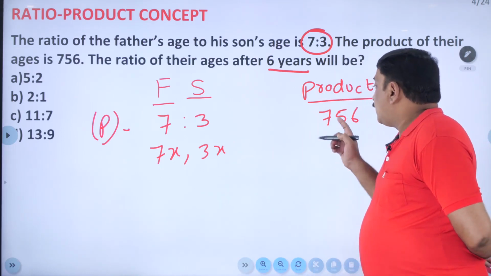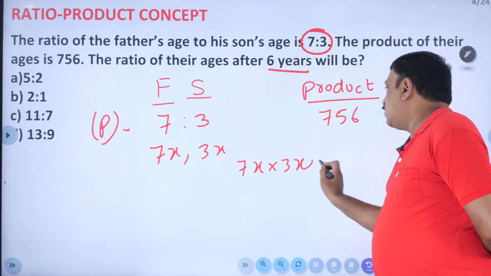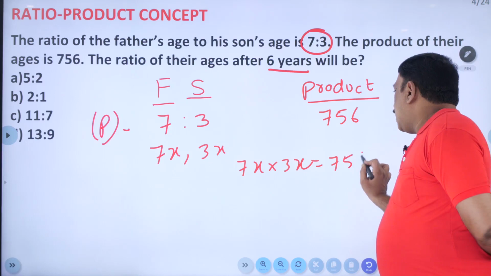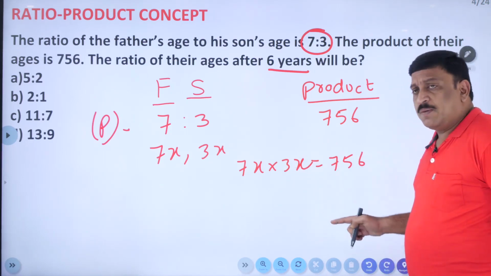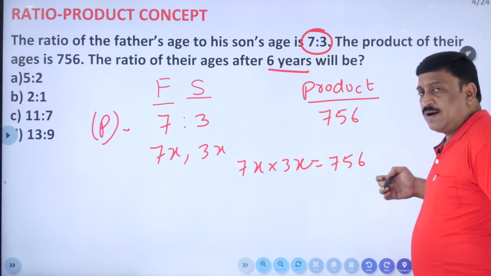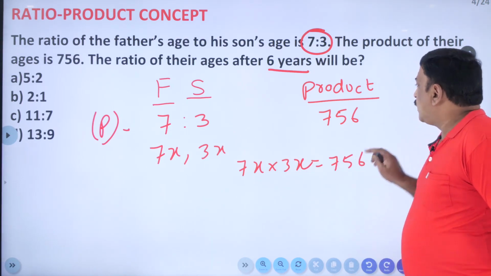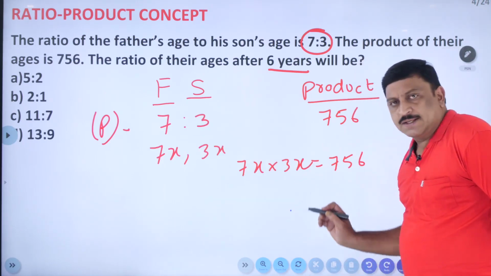So their product is 756 means 7x into 3x is equal to 756. No need to multiply all the things, that is 7 into 3 is 21 and then dividing again like that. You make the calculation in a single line. Let us see how.